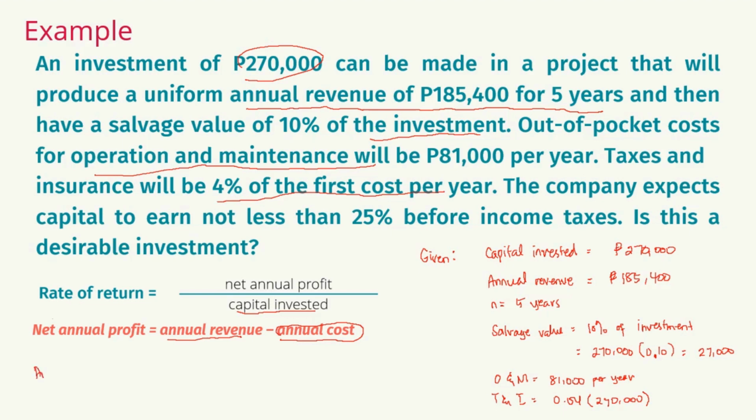By the way, annual cost consists of depreciation, diba? From our previous discussions, yung merong cost of depreciation each year. Meron ding operation and maintenance cost and taxes and insurance cost. So, we will add all these three to get the annual cost.